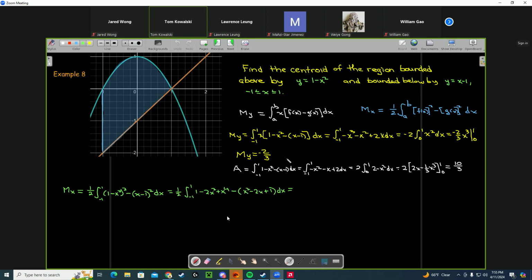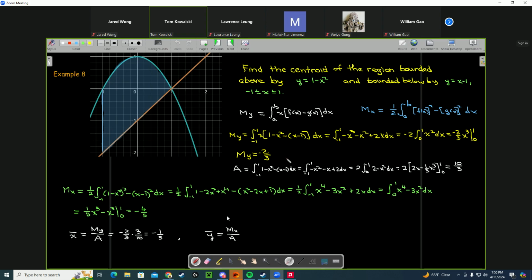Just be careful with any like terms that you may have. Collect those properly and evaluate the integral. And it's always nice, if you have a graph like we do here of the region, to plot where that centroid is and just use some intuition.